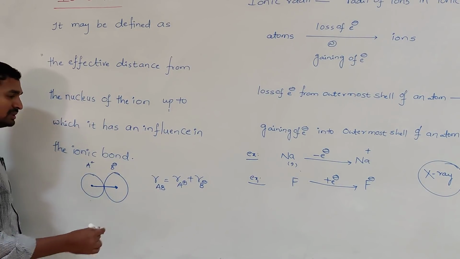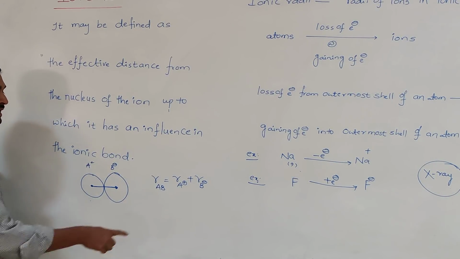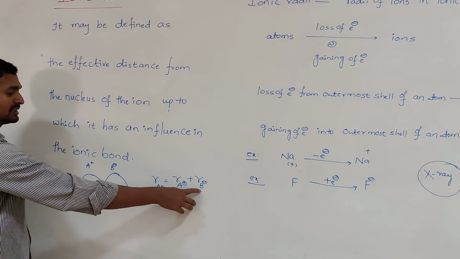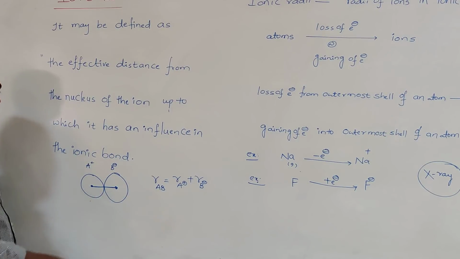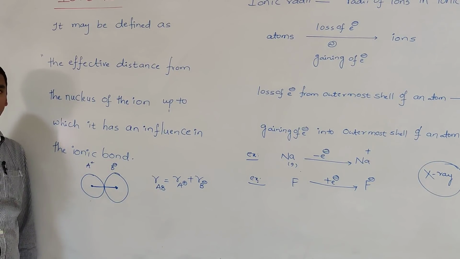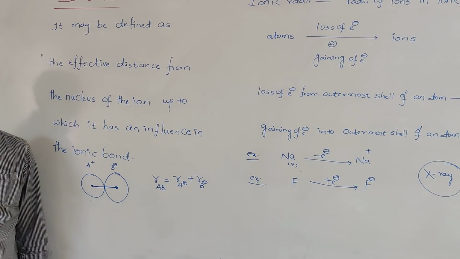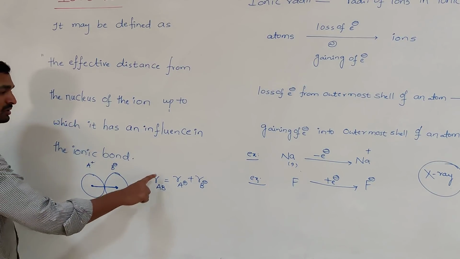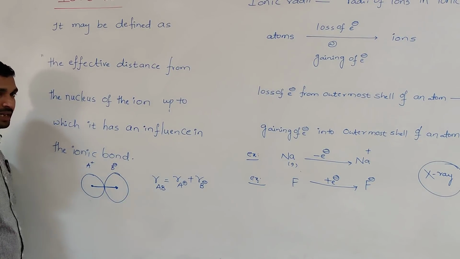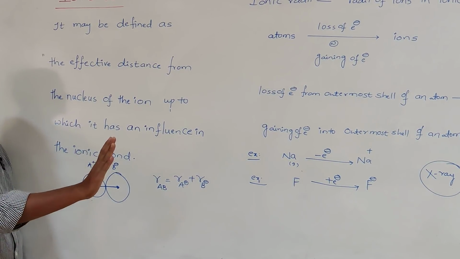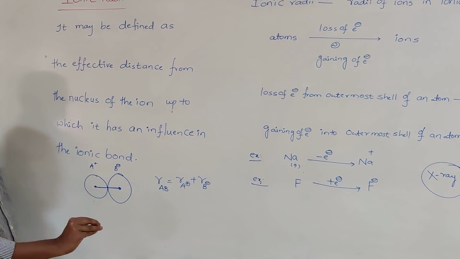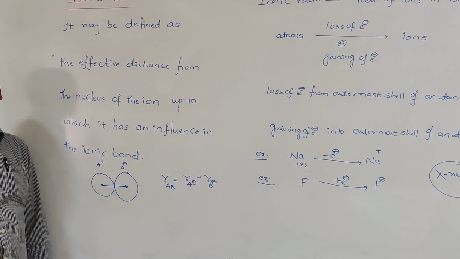So it is not easily possible to calculate the radius of the cation and the radius of the anion from the internuclear distance between the two oppositely charged ions, just like covalent radii. Here, without knowing either one of the ionic radii, cation or anion, it is not possible to determine the ionic radii corresponding to the cation or anion.